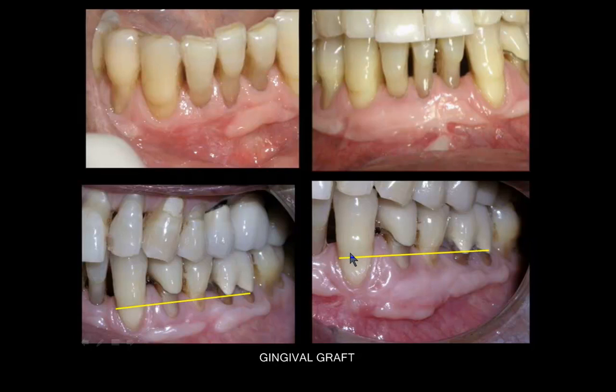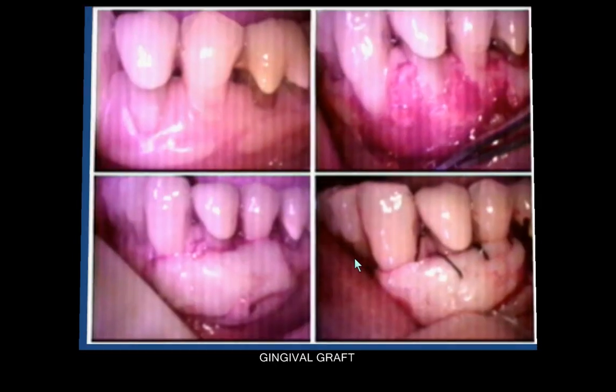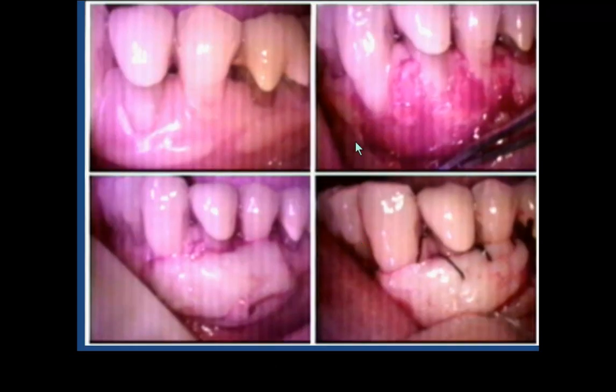If you go to the surgical procedure, you will find the apical part of the graft, which is right here at the canine tooth, has not been lying over the recipient side to have enough blood supply from the periosteum.